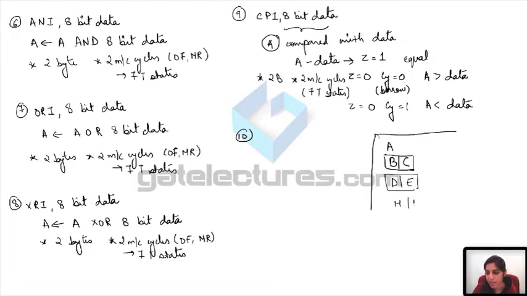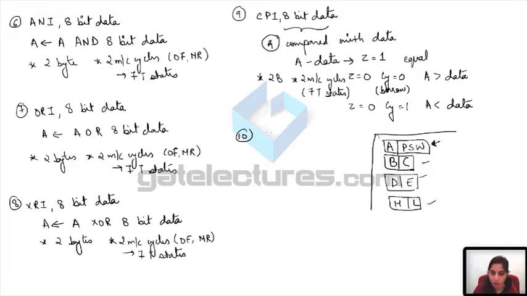H and L make a register pair. We have also learned about PSW, program status word. So A and PSW also make a register pair. We can perform several operations on them. We'll see how we perform operations on them, but for now mostly we are using these BC, DE and HL pairs. So we have several instructions that are going to be performed on register pairs and not on a single register itself.